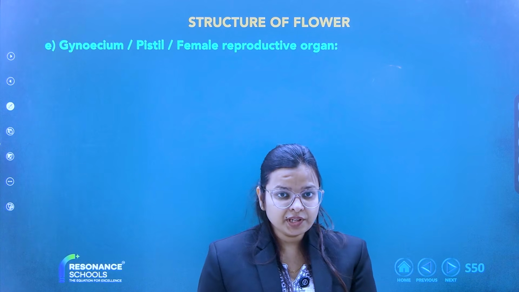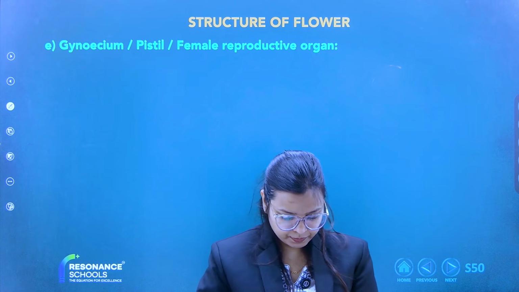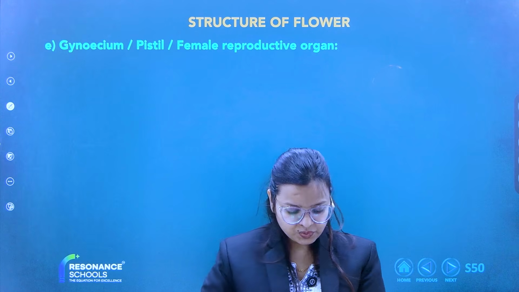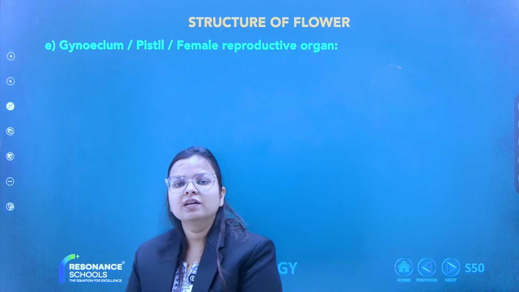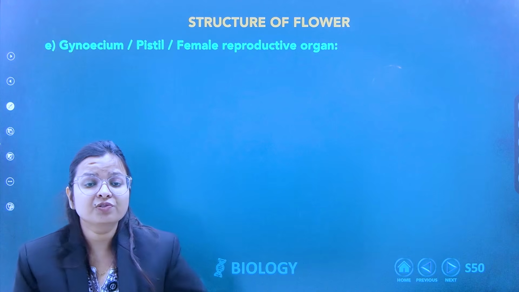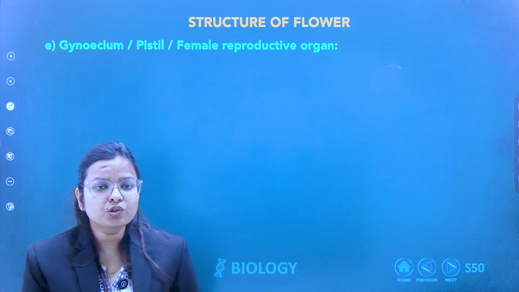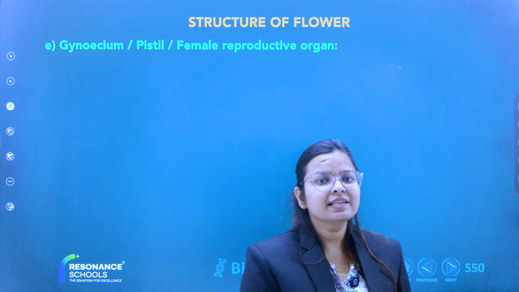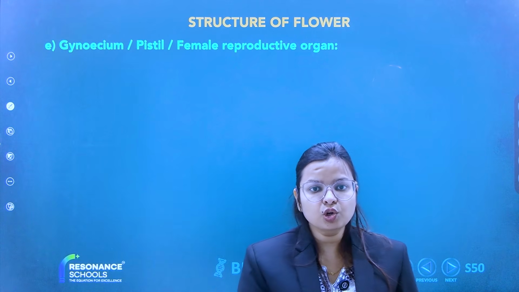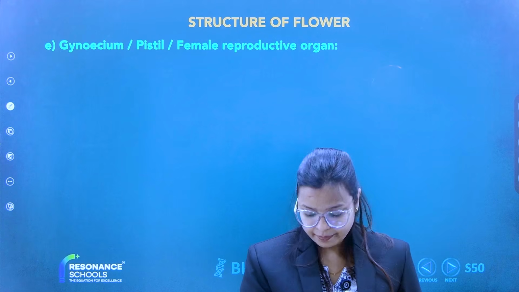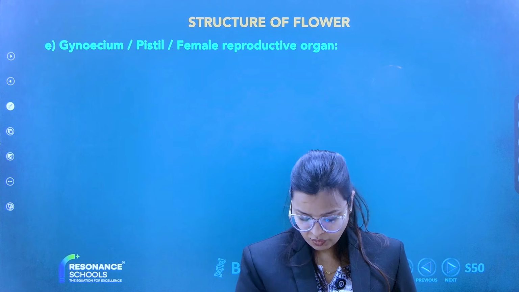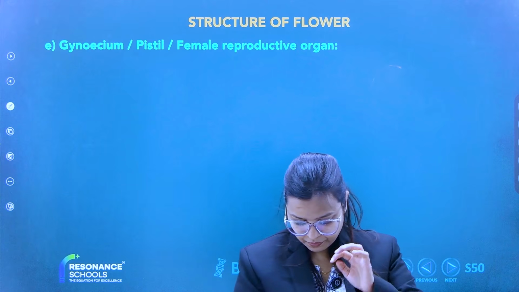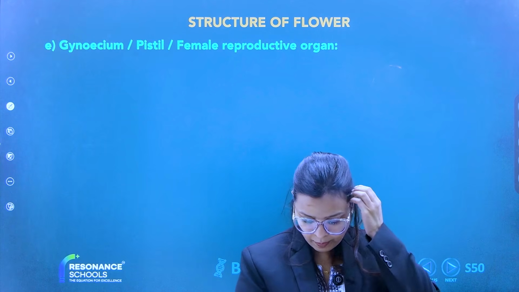Ginger, banana, sugar cane, water hyacinth. Water hyacinth. Okay. Second question. Grass is an example of runner, stolon, offset, sucker. Runner.